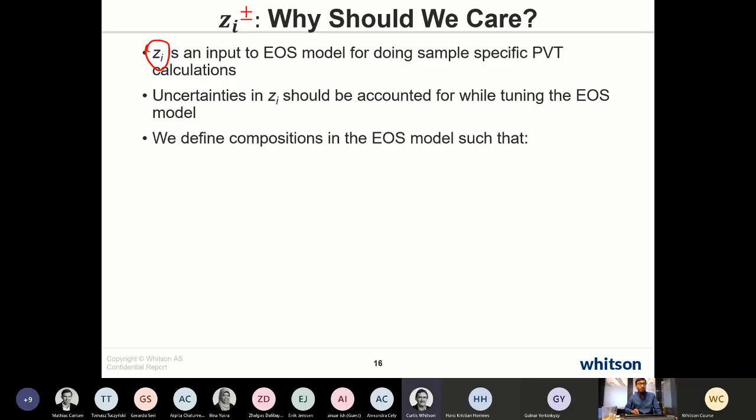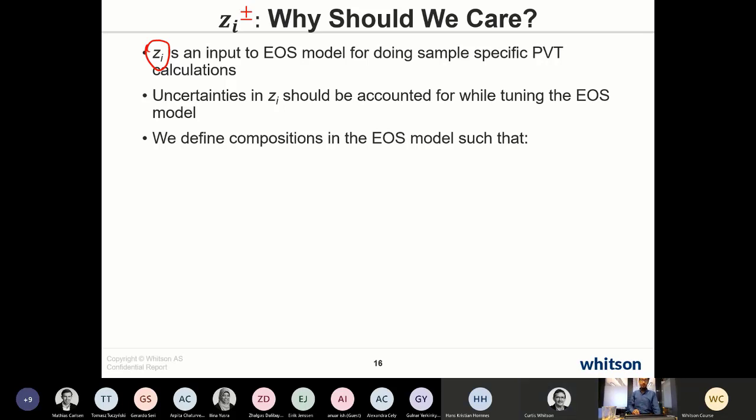So we define, Curtis? Yeah, just making the adjustments are made to reflect the laboratory uncertainty. Mm. So I think that's an important point to emphasize here.